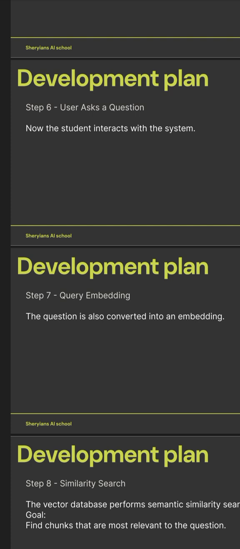Then when the user is asking something, that prompt is also going to be converted into a query embedding. So we will compare the query embedding and go to the closest vector, which is similar to the query embedding that we have inside this vector database.